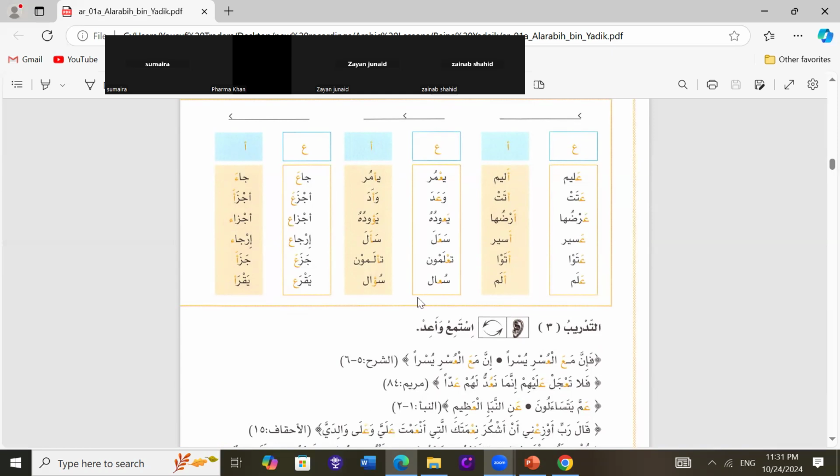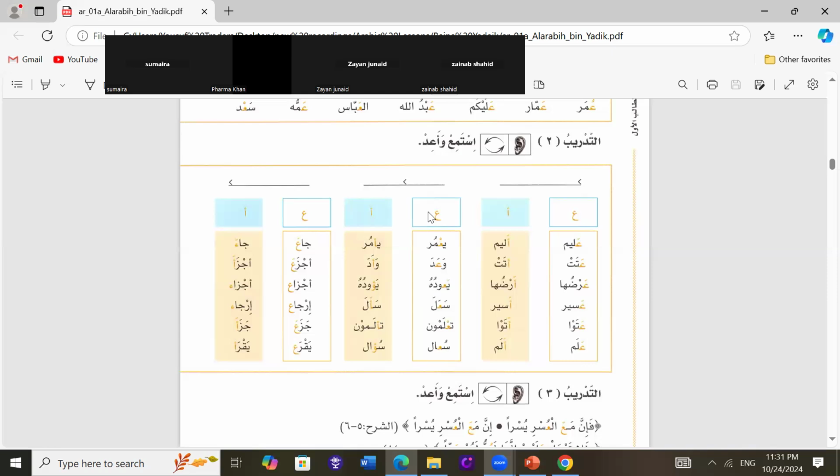Like how can we take out the makhraj of ayn and how can we take out the makhraj of alif? See, there are a lot of words which have the same sound, but they have different meanings. Like you can see in these lists. So many words are similar to each other, but they have different meanings. And due to alif and ayn, we have to say these words differently, like alayhim and alim. Here they have given yamur.